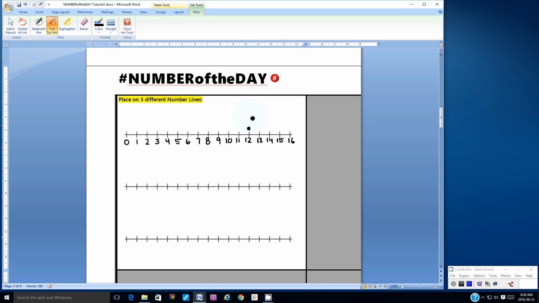So how can we place the number 12, our number of the day, on a different number line? Well, the secret is in the scale of how we number our number line. If I start at 0 again, and instead of going up by ones, what if I go up by fives? I want to keep my scale uniform and count carefully up by fives.